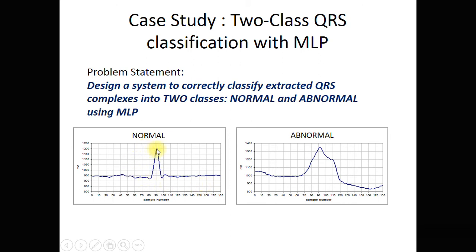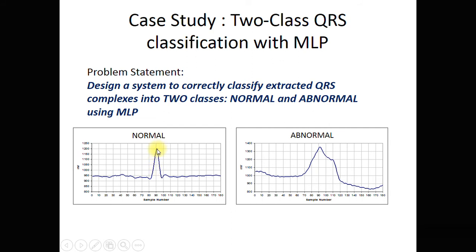Let us say I consider the peak point, that is also called the R. This is Q, R and S. So if this is R, then 90 samples on one side of R and 89 samples on the other side of R is what we have considered. So the center of this pattern is exactly the R peak.